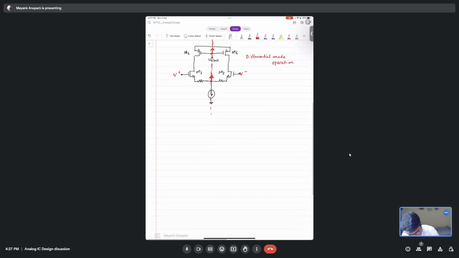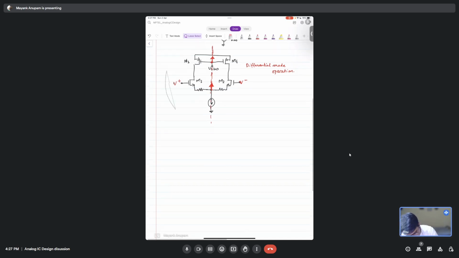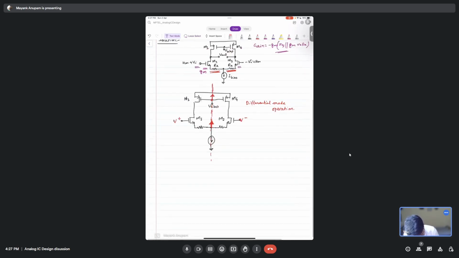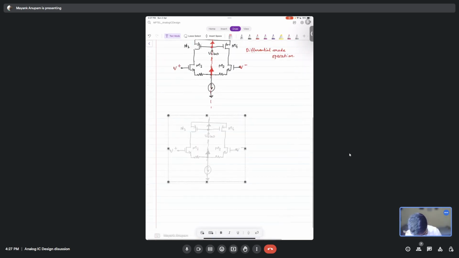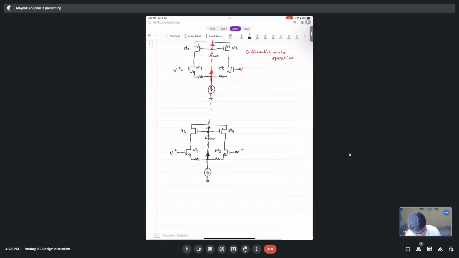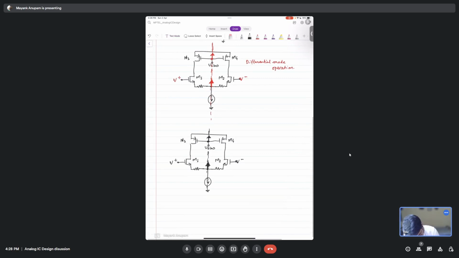Now next let's talk about common mode. What happens to the common mode circuit? Now you have found the axis of symmetry.